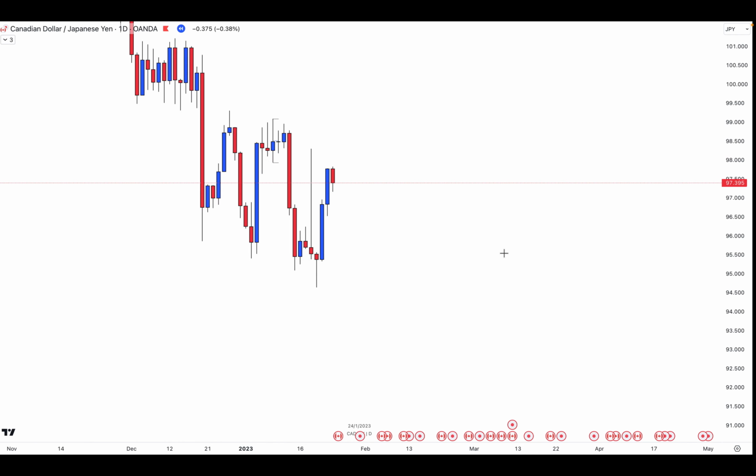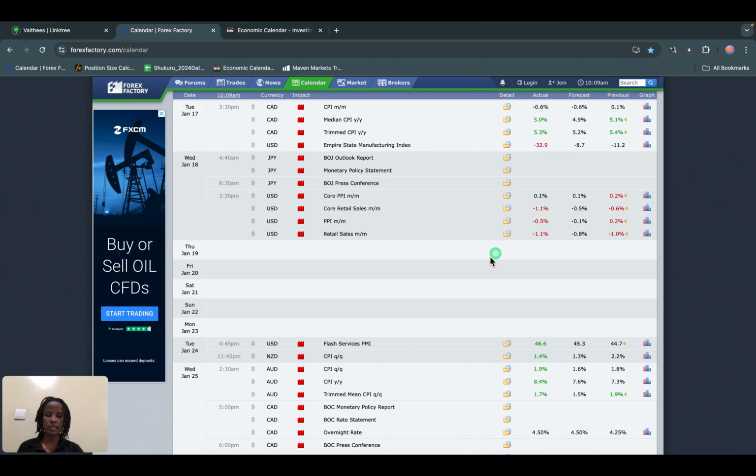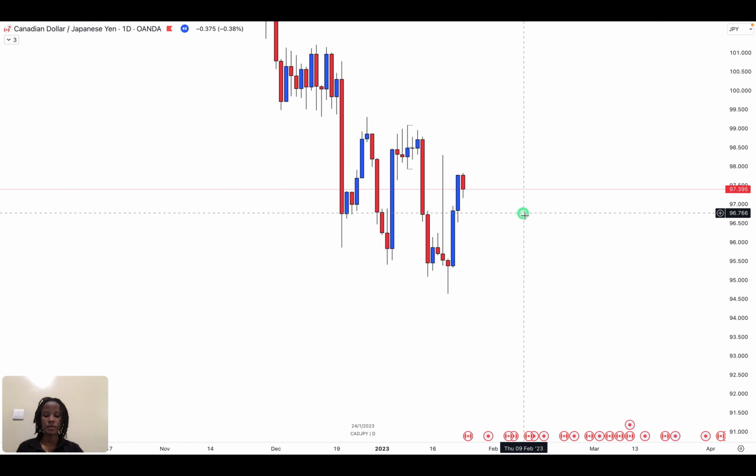Even if we go to the calendar here, you can see on 24th, we don't have news that affects USD or CAD. I said all of them in the previous videos. You can always go and check which days make me stay out of the market. So let's go back to the M15.